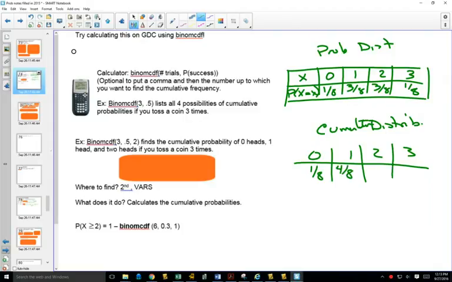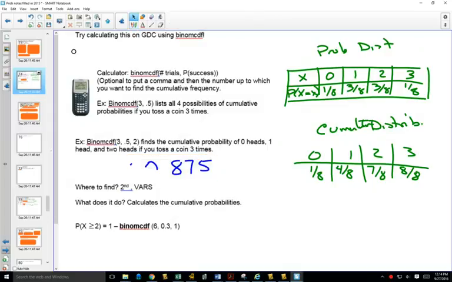At the 2 it would add up the 0, the 1, and the 2, so this will already be at 7/8. And once you get to the 3, it'll add them all up all together. So when we do binomial CDF of 3, 0.5, and 2, it's adding up these 3 together, and that's the number that it's producing for you.